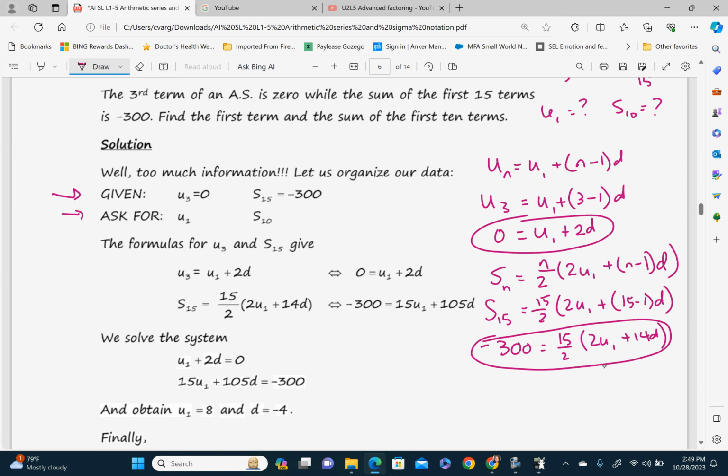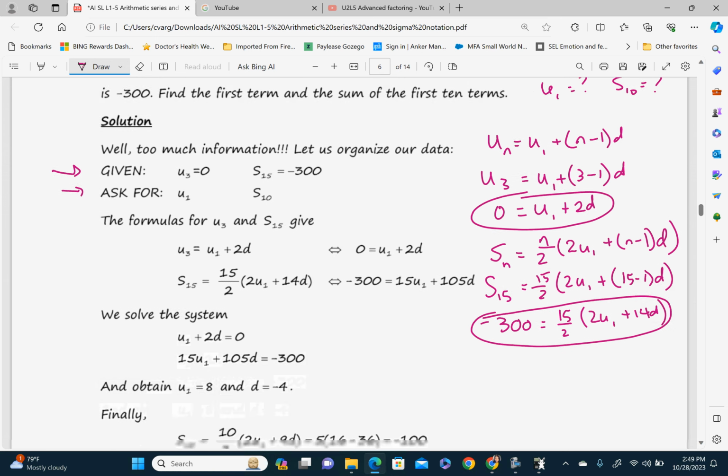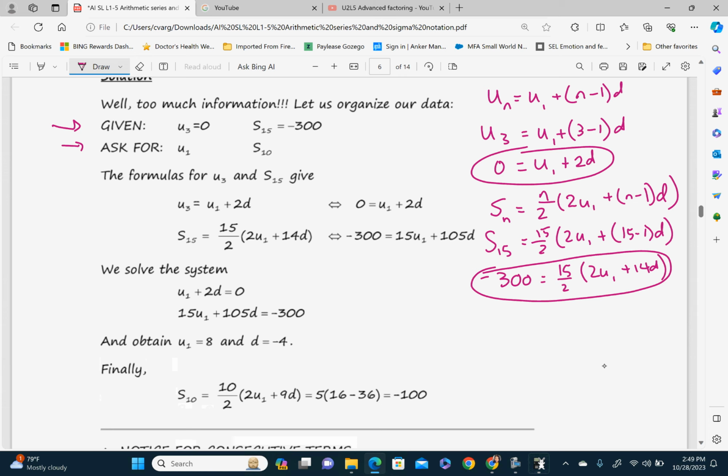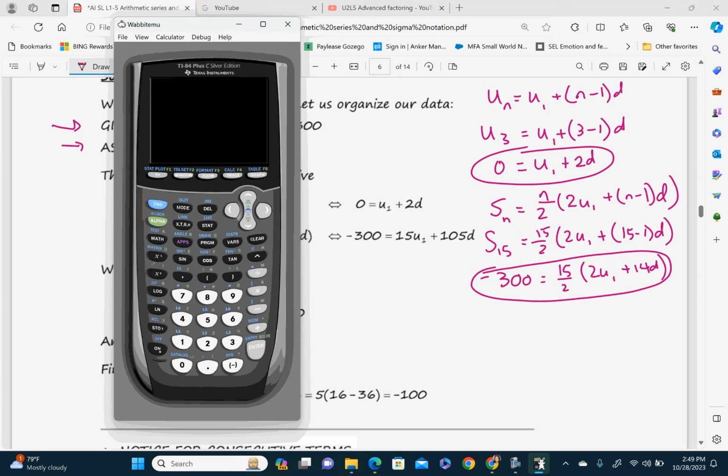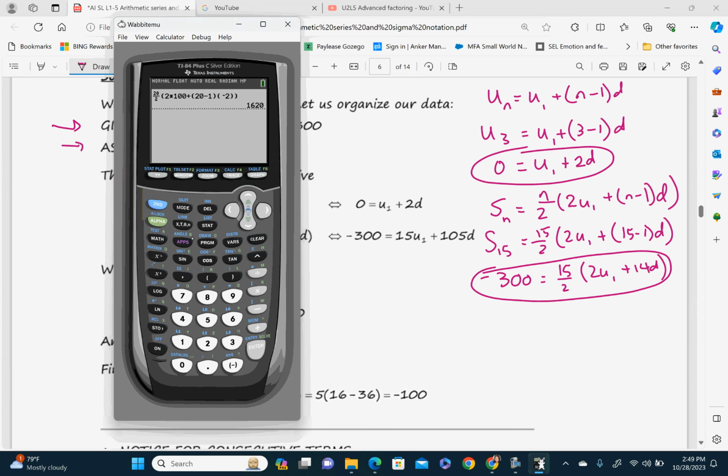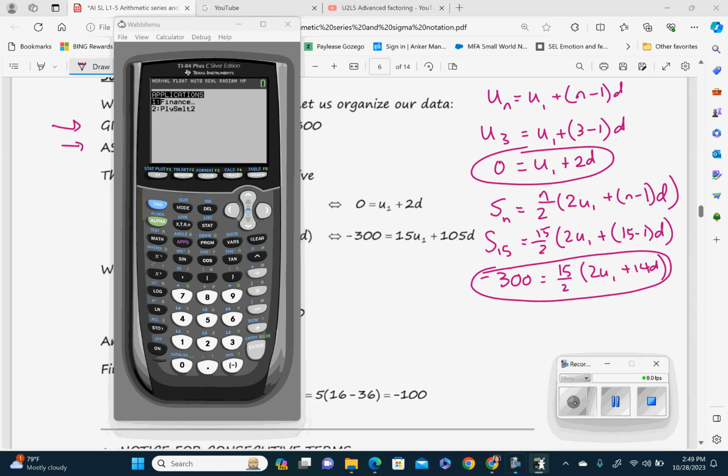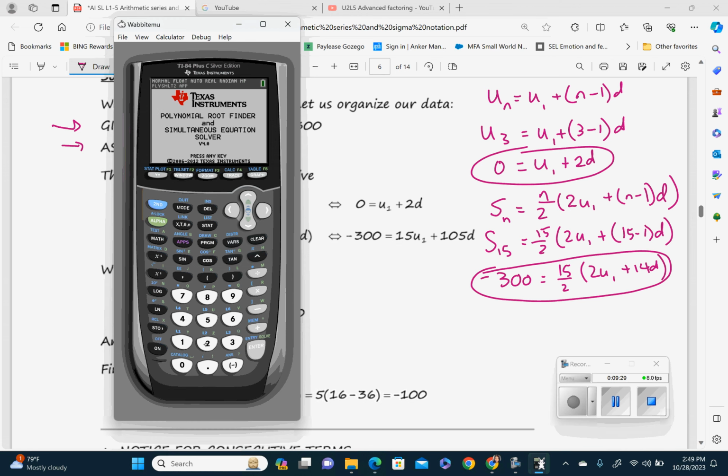Okay, so we're going to go ahead and use our PolySimult 2 app. So we're going to go to our calculator, option number 2 on mine, but on yours it might be 8, 9, or 0. Press any key here. We're going to do simultaneous equation solver, so option number 2.